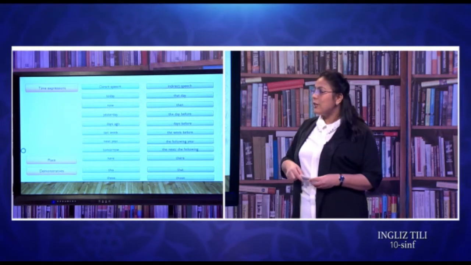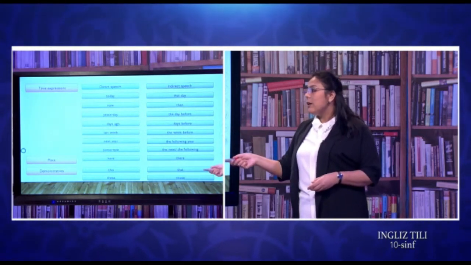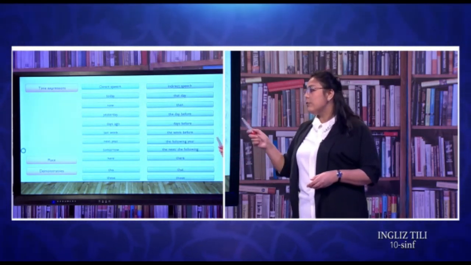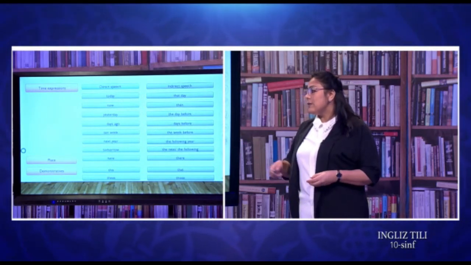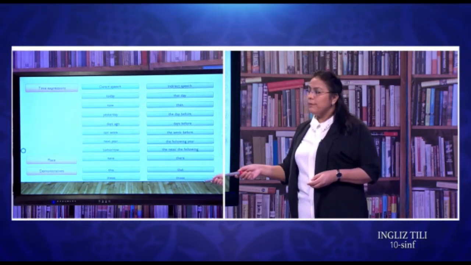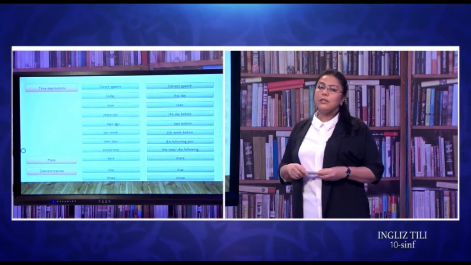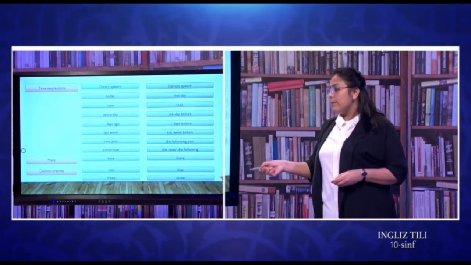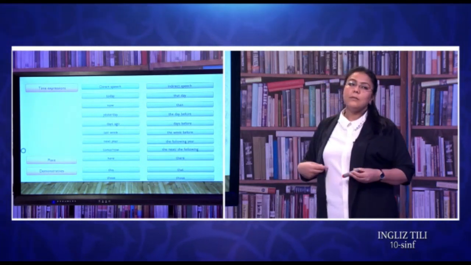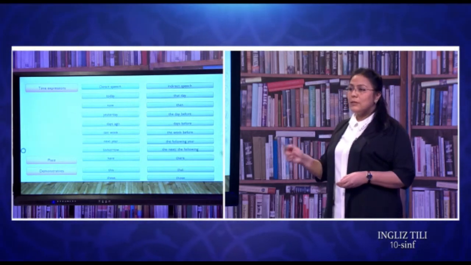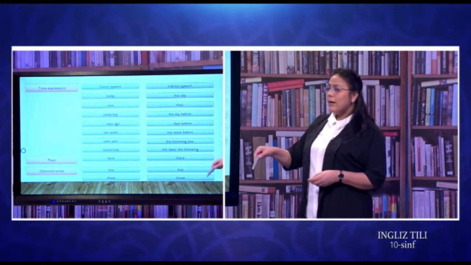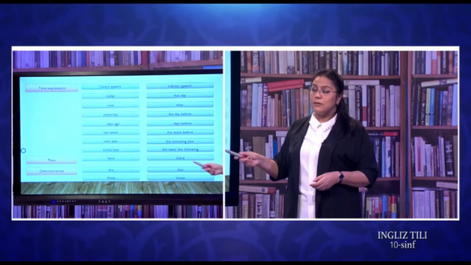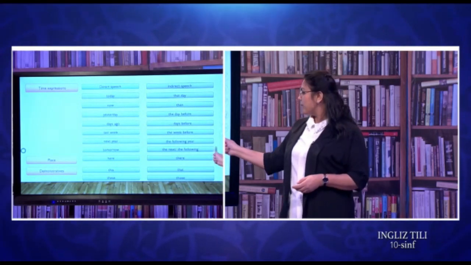Last week is changed into the week before. Next year is changed to the following year. Tomorrow is changed to the next day or the following day. About place, the word here is changed into there. Demonstratives, that means demonstrative pronouns. The word this is changed into that, and these is changed into those.